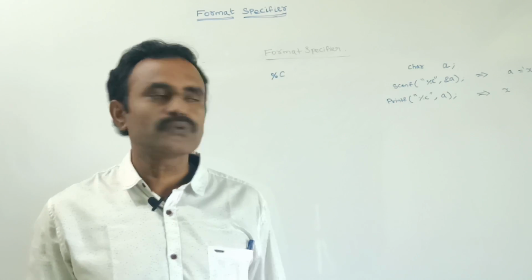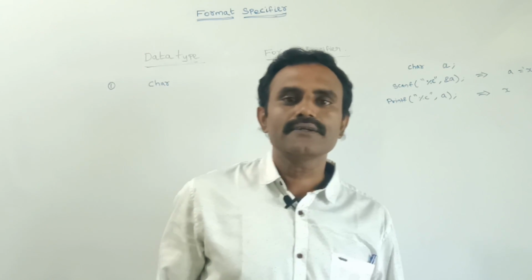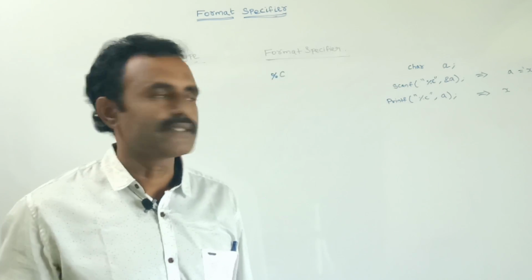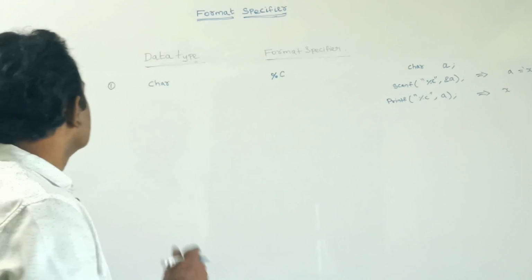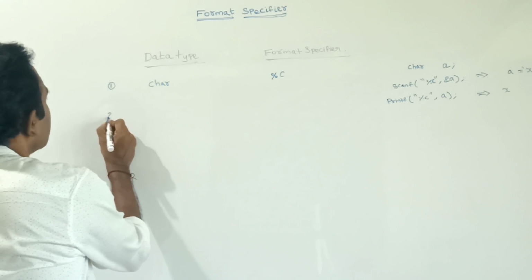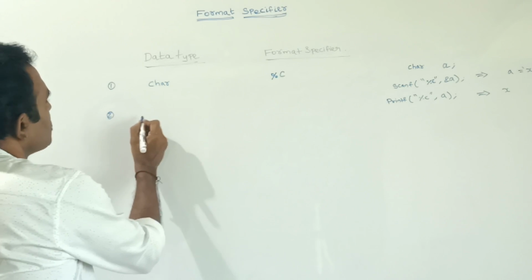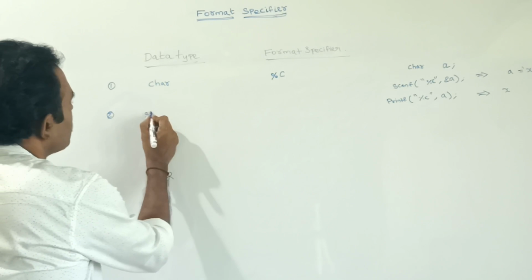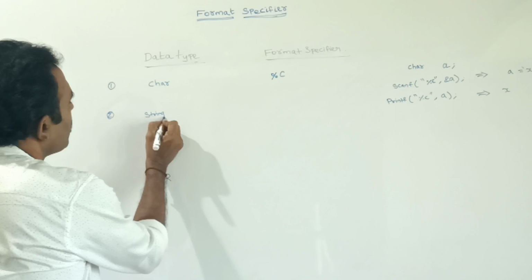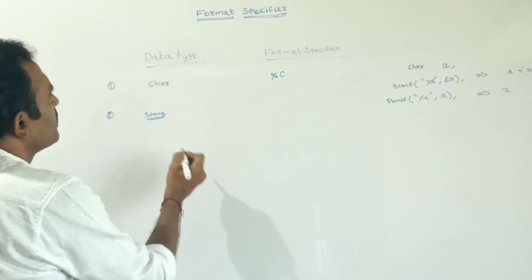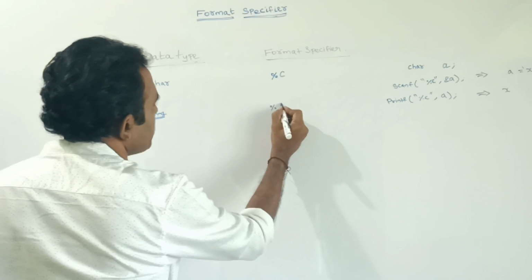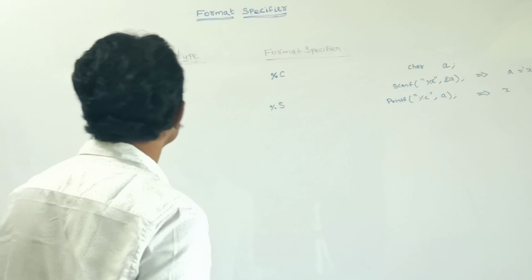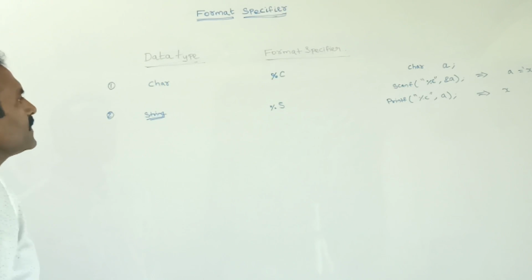If we need to store multiple letters, or an array of letters, we can use a string. The format specifier for string is %s.